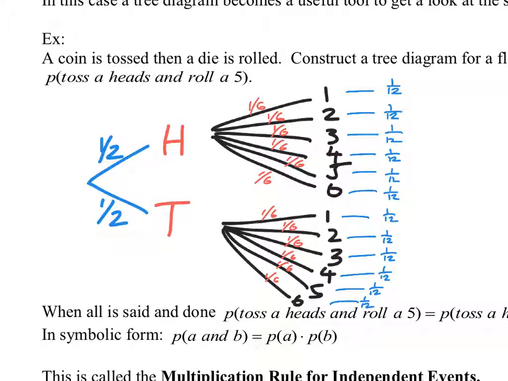If it were not uniform, so let's say it were a dependent situation, where you're dealing with maybe 2 cards being selected from a deck, and you had to make a tree diagram. Then, if you didn't replace the first card before you selected the second one, the probability of selecting the second one would be impacted by the fact that the first one was selected. All right? So, not the case here, but it could be.